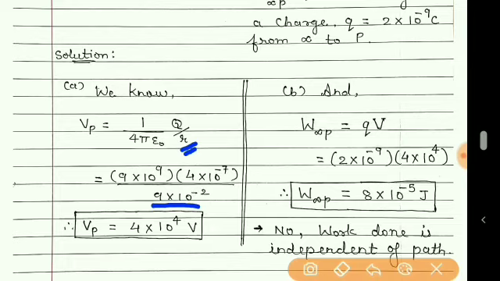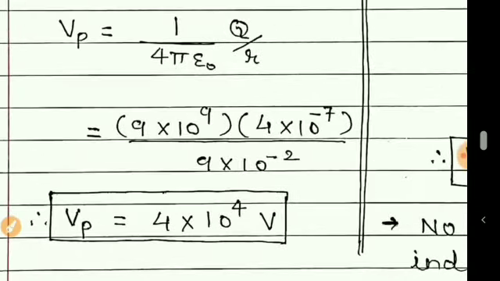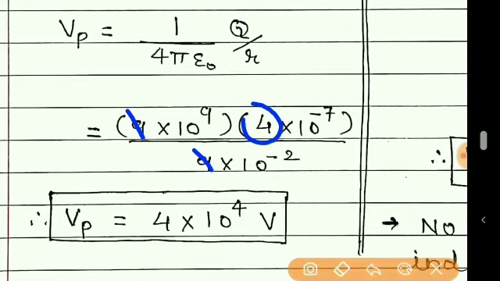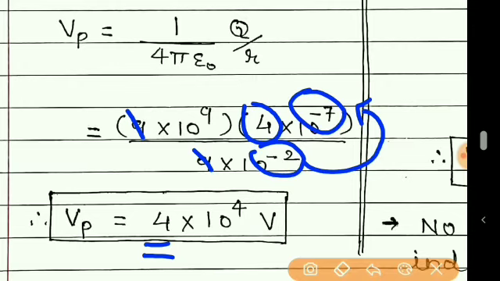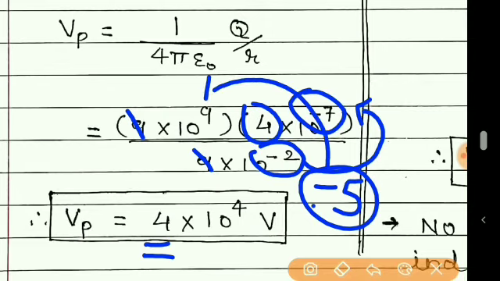Now the calculation is quite simple. Here 9 cancels, only 4 remains. So 4 is here, and then powers. This minus 2, if we put here in numerator, then it will become plus. So 7 minus 7 and plus 2 is minus 5, and now this minus 5 is combined with 10 raised to 9.